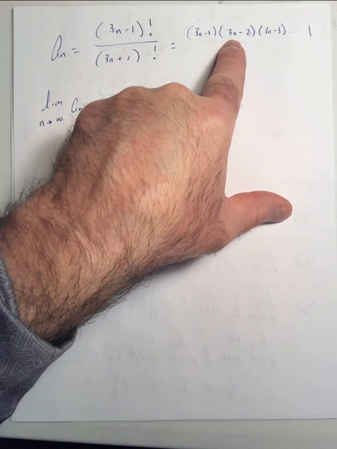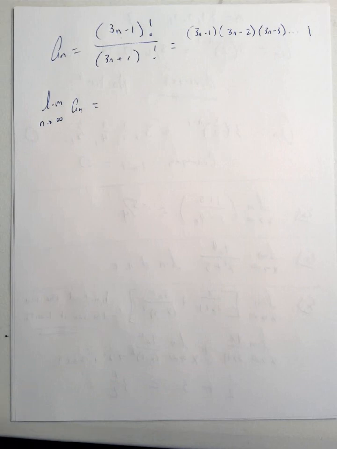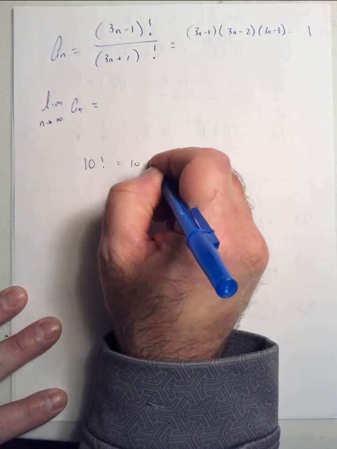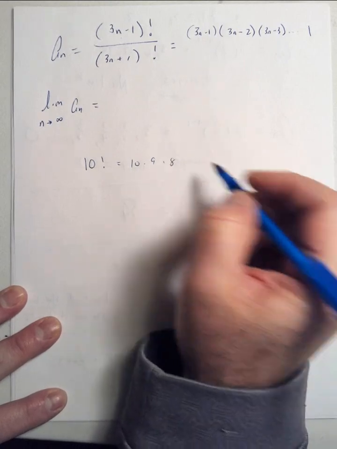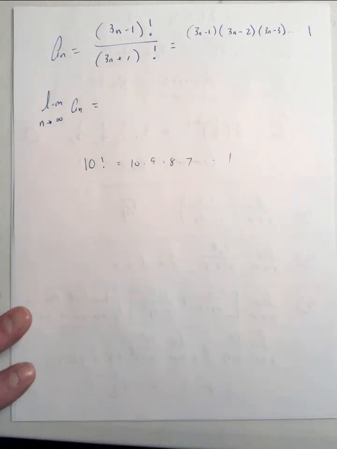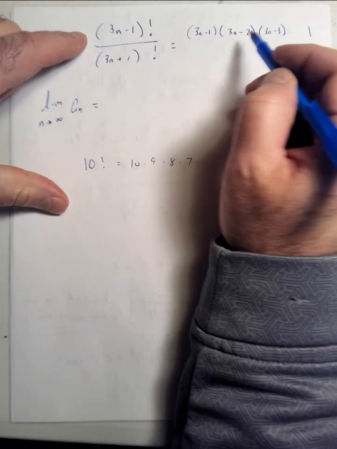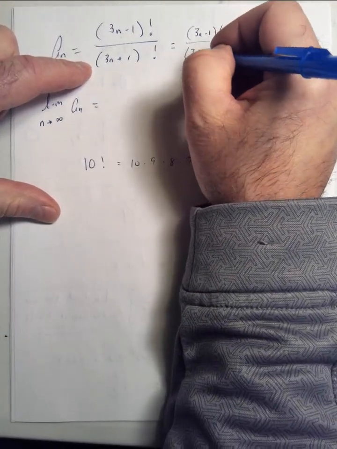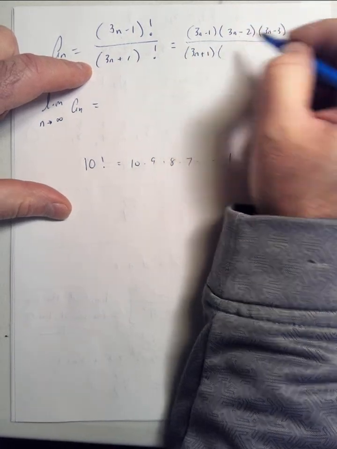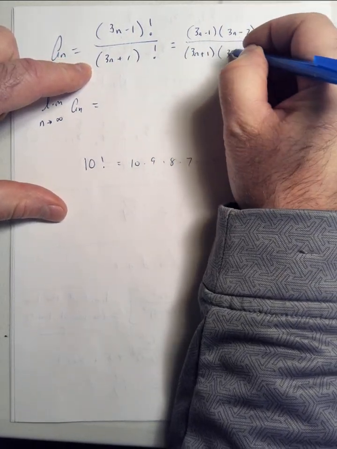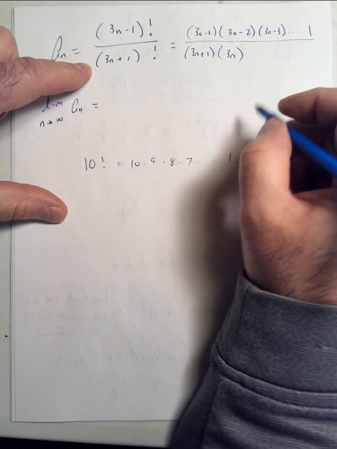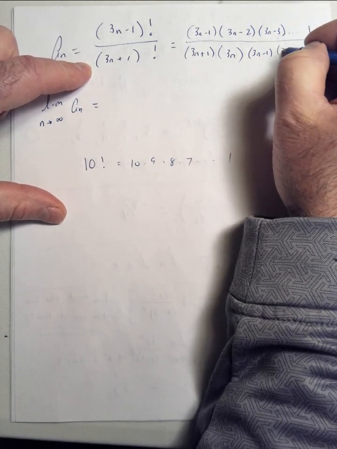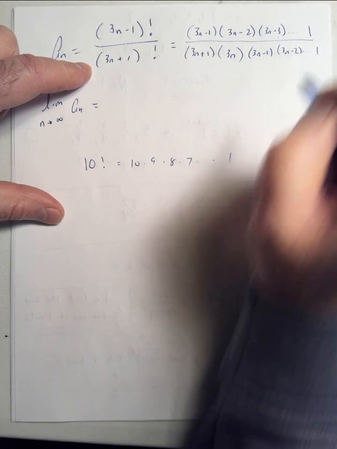Just a refresher, 10 factorial is 10 times 9, times 8, and so on until we get to 1. That's what we're doing up top, subtracting 1 each time. The bottom, we have 3n plus 1 times 3n, times 3n minus 1 times 3n minus 2, etc., all the way down to 1.